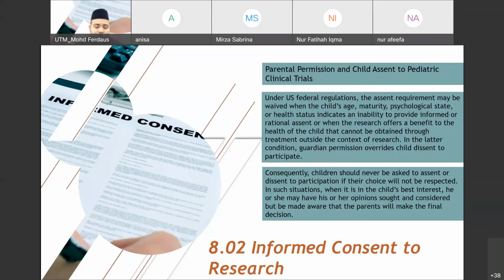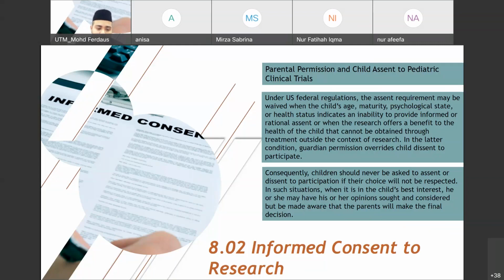In such a situation, if whatever the children say is not going to have an effect on our research or on their participation in it, whether they agree or disagree, just don't ask them. Why?